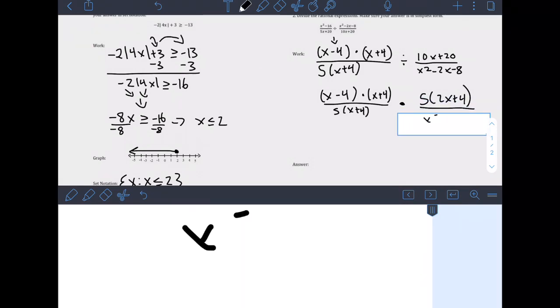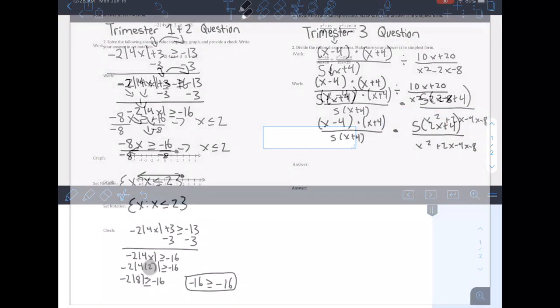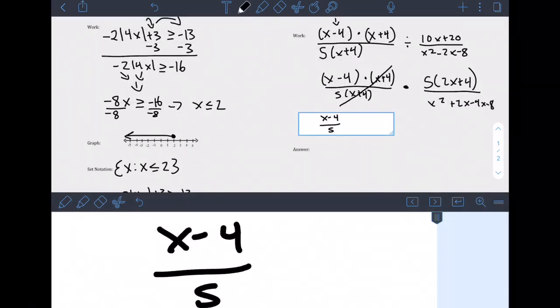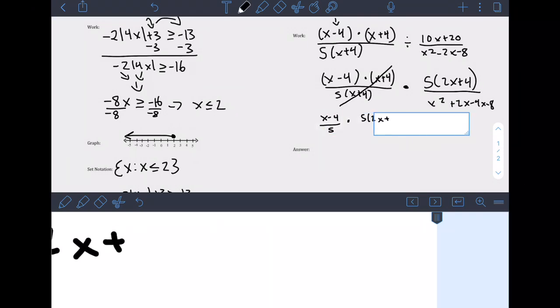And then for the denominator, since I multiplied by the reciprocal, all I'm going to do is positive 2x minus negative 4x. And then I just have to reduce the left side of the equation. Then the left side of the equation is 4 minus x over 5. And then it's times 5 parentheses 2x plus 4.